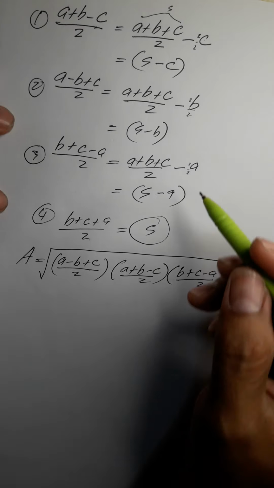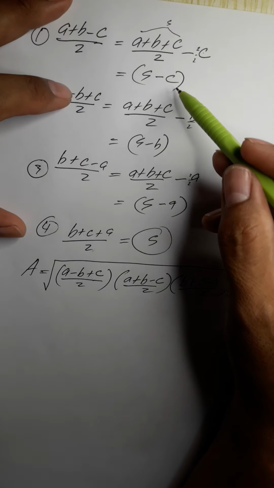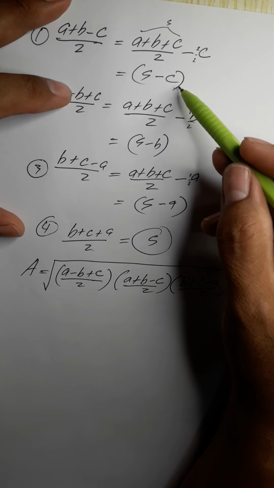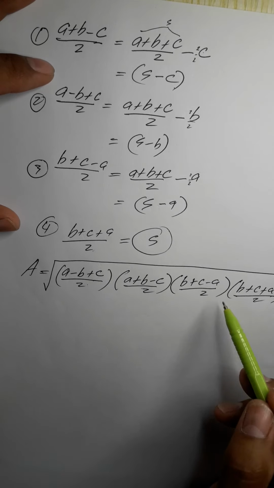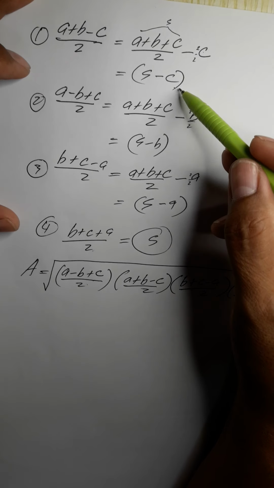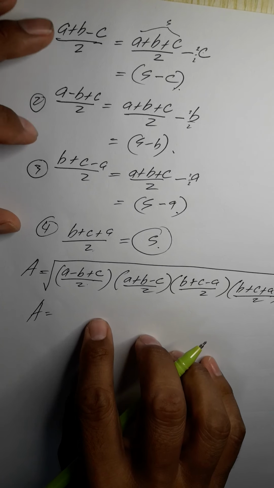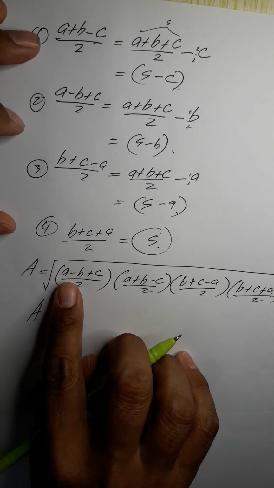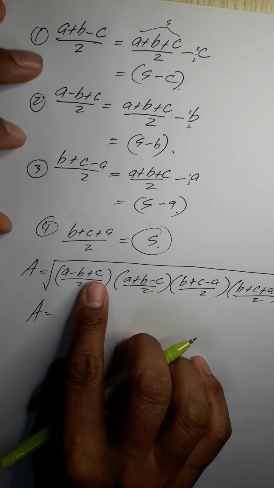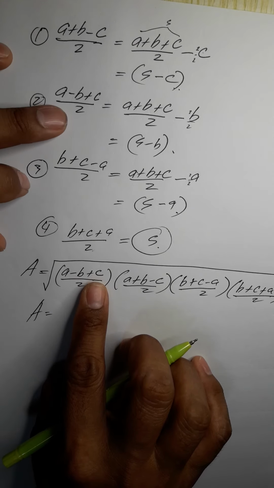and then we replace each term here with this one. Okay, so A is equal to, what is A minus B plus C over 2?